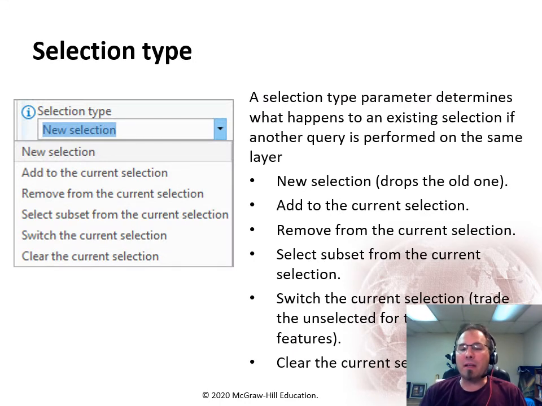Now, we haven't mentioned this before, but up until now, when you're doing either an attribute selection or a query selection, when you run that selection the first time, it's called, you guessed it, new selection. So anytime you run a new selection, it kind of drops the old one. You're running a new one and running a new one.